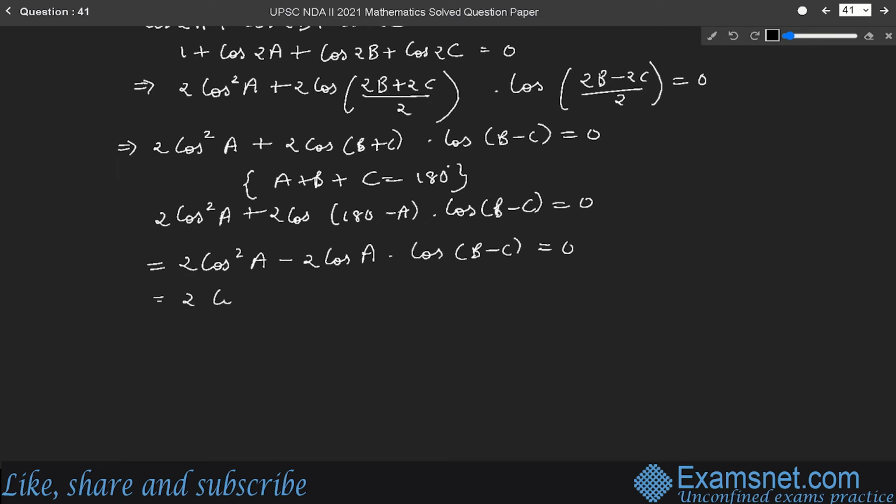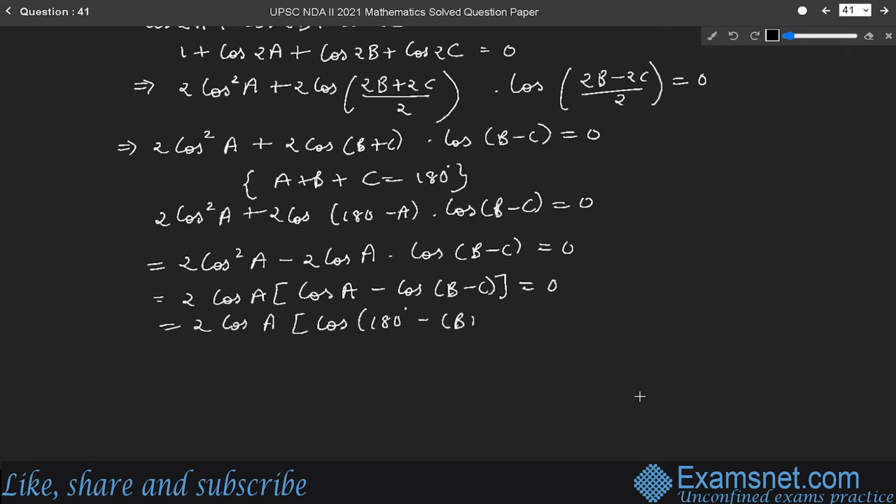2 cos A. The remaining terms will be cos A minus cos (B minus C) equals 0, which will be 2 cos A times cos (180 minus (B plus C)) minus cos (B minus C) equals 0.